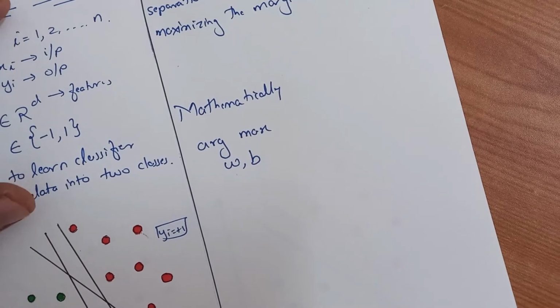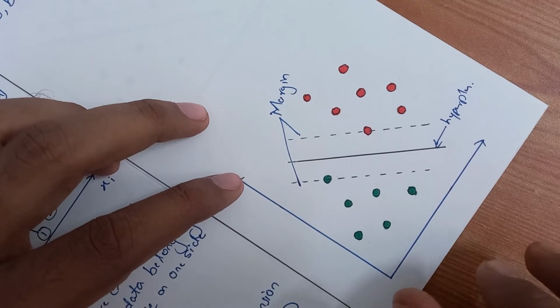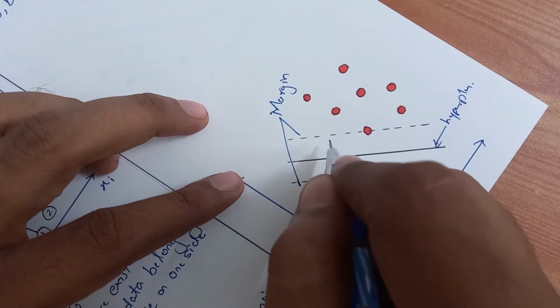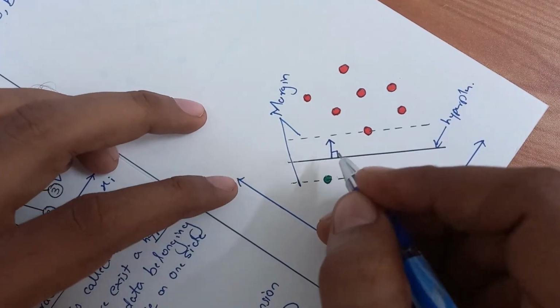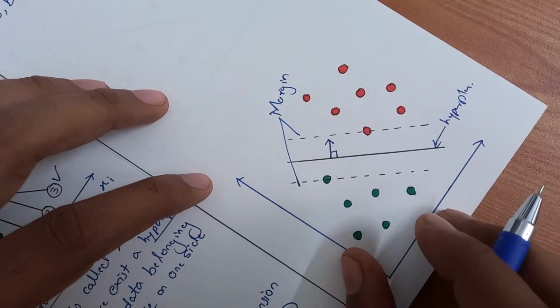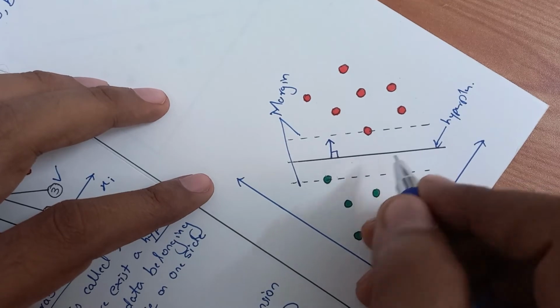I'll tell you. W is a vector orthogonal to this hyperplane. Okay, the magnitude can be anything. Don't focus on the magnitude here, but this is the vector we want, which is orthogonal to the hyperplane.